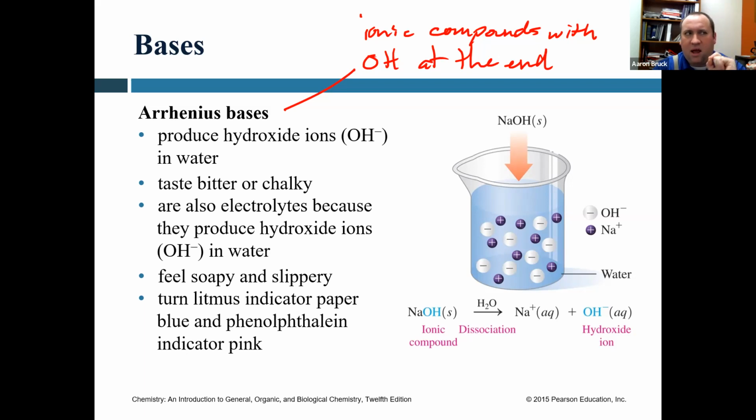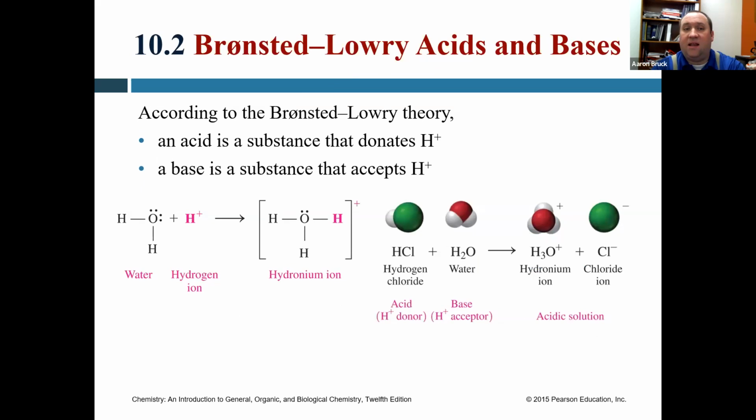Now, there is another definition of acids and bases. It's called the Bronsted-Lowry definition. The Bronsted-Lowry definition of acids and bases is a little bit more complicated. And we're going to make a note here.